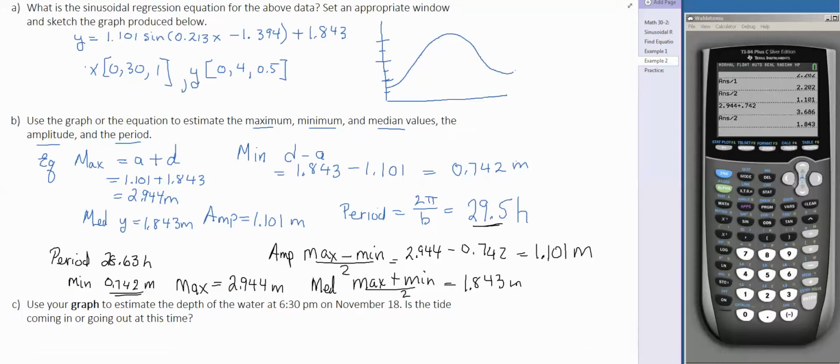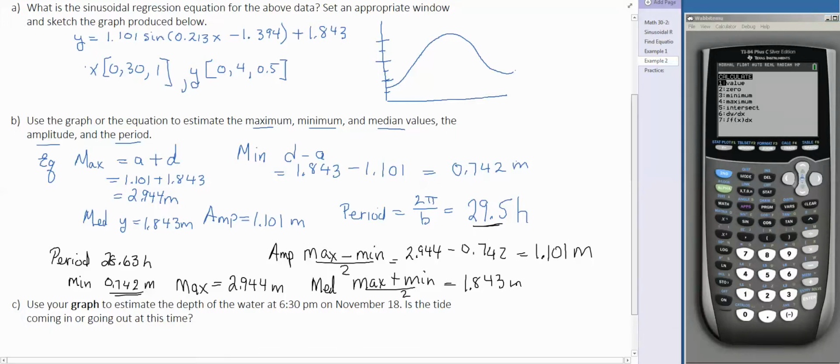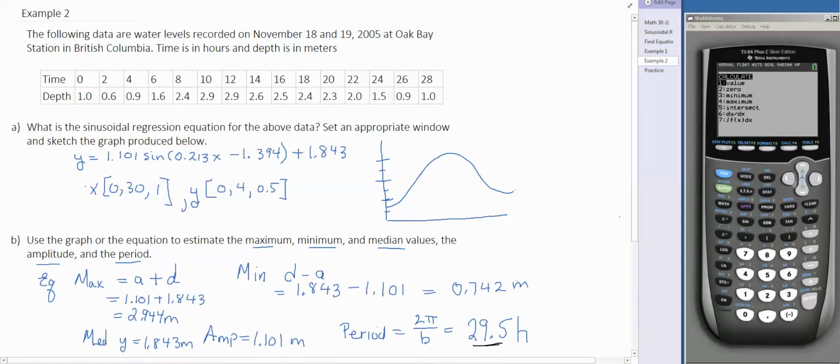We are going to use second and trace again, the calculate menu, and we're going to calculate for a specific time. So let's just scroll up in our data.